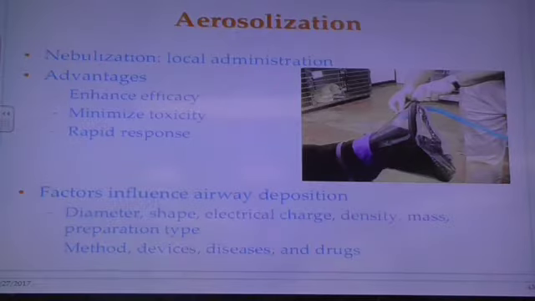Any questions before we go further? And yeah, we discussed the nebulizer. It's just a local administration when the animal has a problem, especially in the upper respiratory tract. The advantage is enhanced efficacy because of the local effect. Some drugs, especially bronchodilators, can have adverse effects, and we can use just the local effect by using a nebulizer.